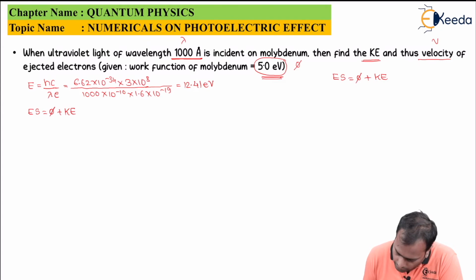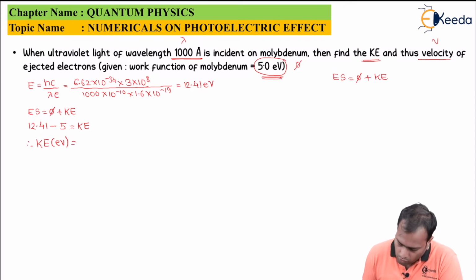On solving, 12.41 minus work function, that is 5, equals KE. Therefore KE, of course in terms of electron volts, would be equal to 7.41 electron volts. This is my kinetic energy.